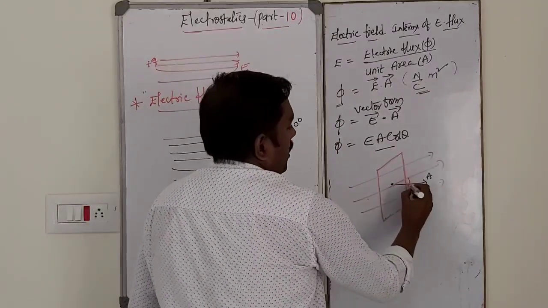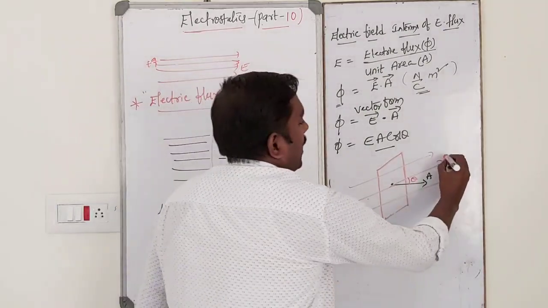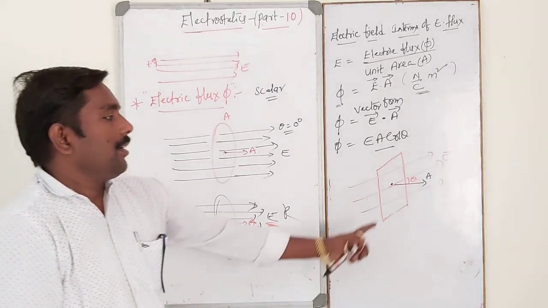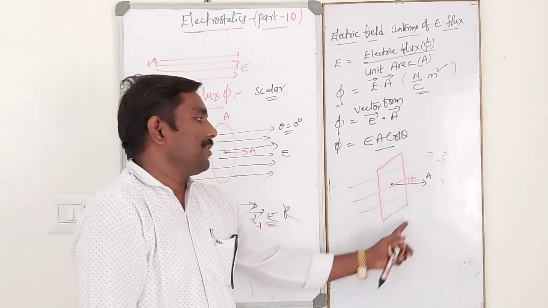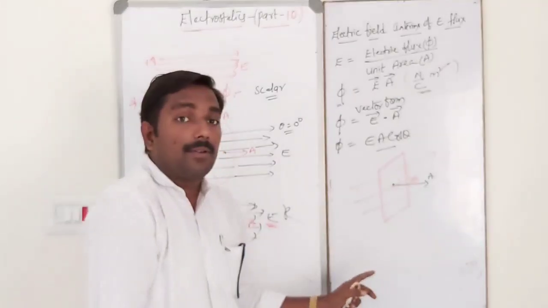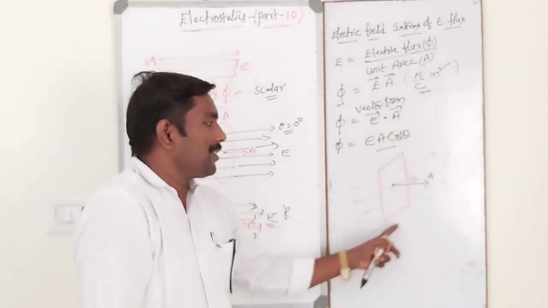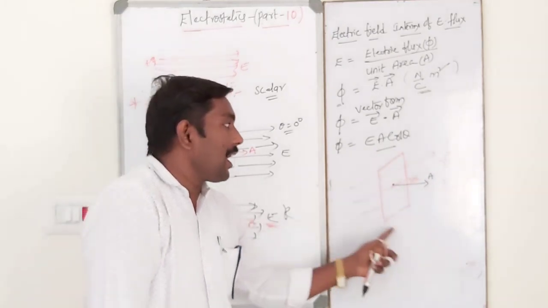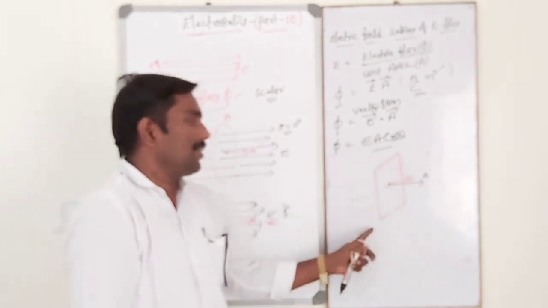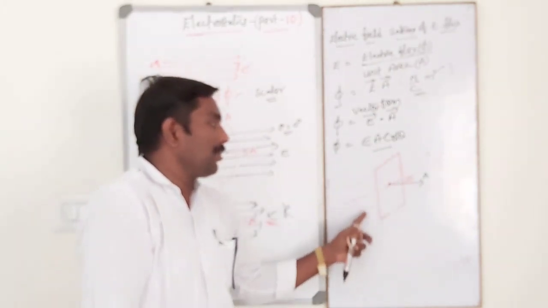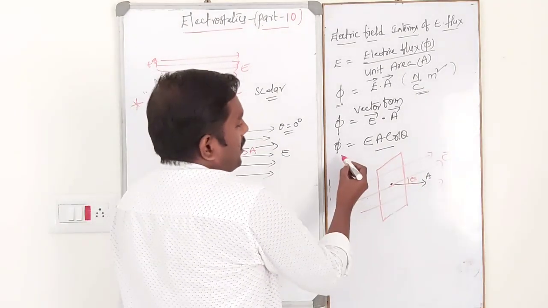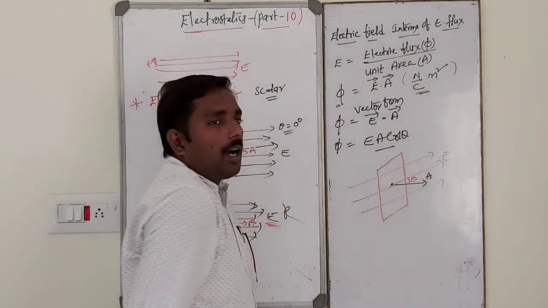Theta is the angle between the direction of electric field and the direction of area of this surface. All field lines pass normal to the given surface. So in this case, flux phi is equal to EA cos theta.